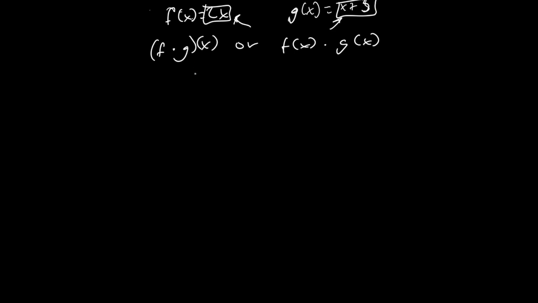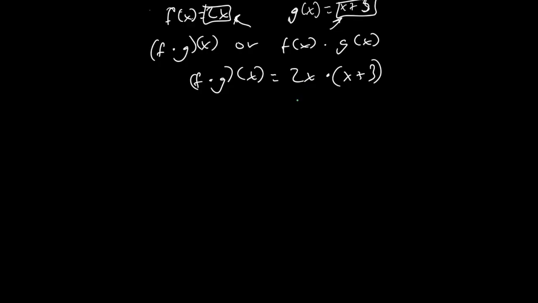So we get f times g of x equals 2x times x plus 3. But we should put parentheses here. And we don't even have to put the multiplication sign, because parentheses automatically means multiplication.